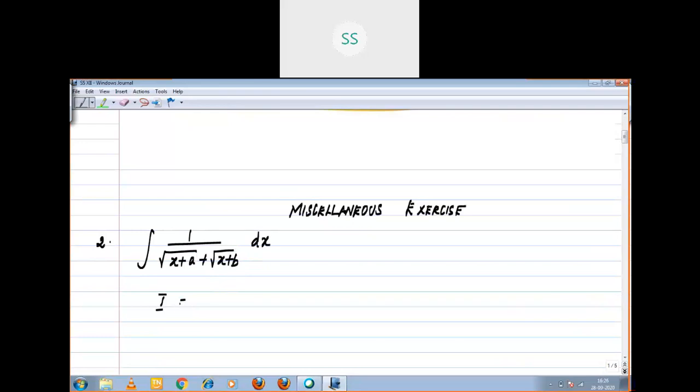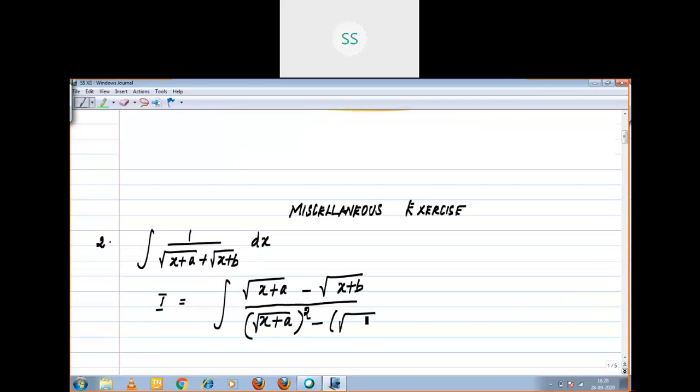What it is, you see, I equal to integral root of x plus a minus root of x plus b divided by x plus a, that is root of x plus a the whole square minus root of x plus b the whole square.